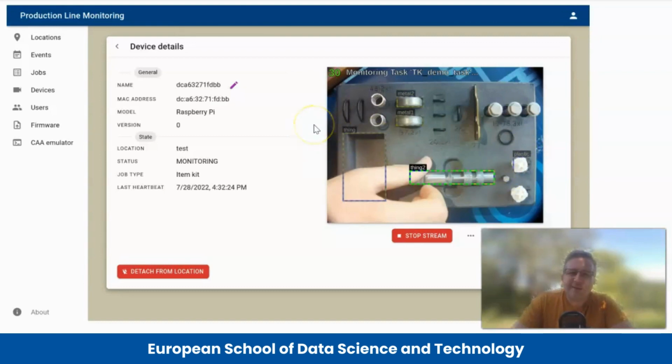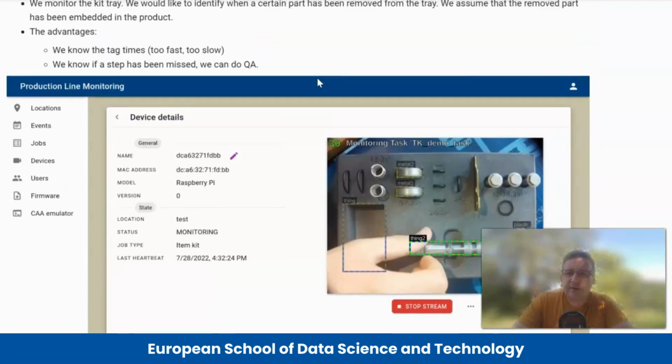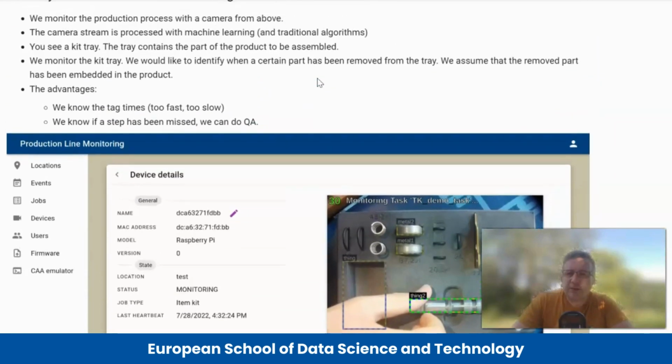But I didn't stop, so I managed, or we managed, I did it with my students, to develop algorithms which are able to detect these types of parts, and we do it more or less in real time, because we can do it with 30 frames per second. So this is what needs to be detected.